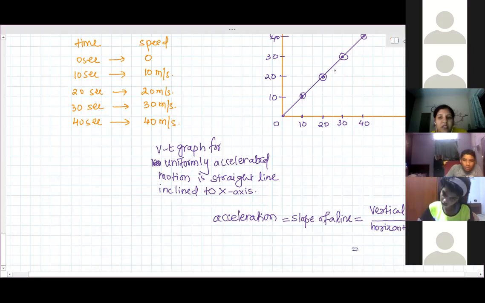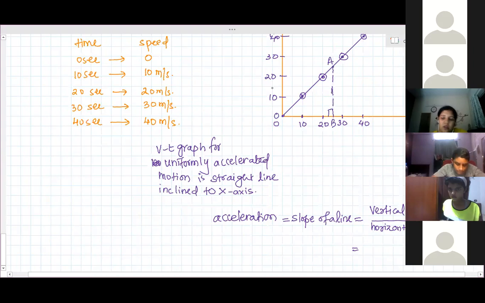Now from anywhere, we have to draw the perpendicular. Suppose I draw a perpendicular from an unknown point which we have not taken. This is my perpendicular. This is point A, this is point B, and this is point O.